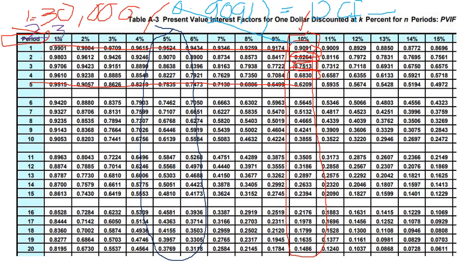I think this is 30,000 also. Check 10% because that is the discounted rate, and you are a second year. There you go. Correct. It's 0.8264. Very good. So for the third year, if the cash inflow is 40,000, you multiply 40,000 by 0.7513. So the product is your discounted cash flow for the third year.